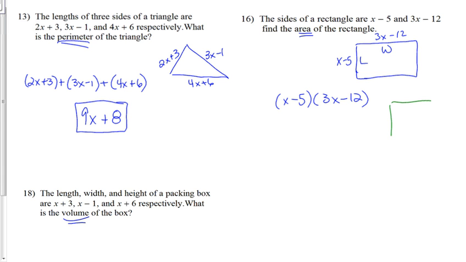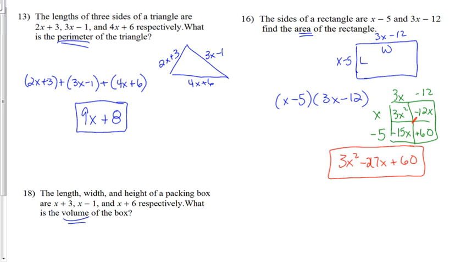I'm going to show you using the area model, the box. And I get 3x squared, negative 12x, negative 15x, and positive 60. For my final area of 3x squared, combining those two like terms, get 27x's plus 60.